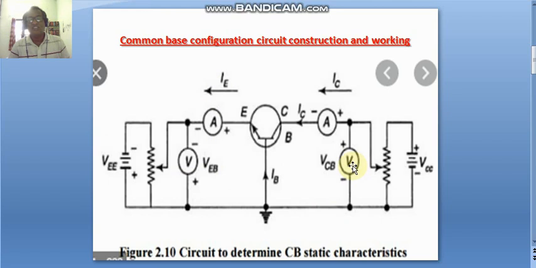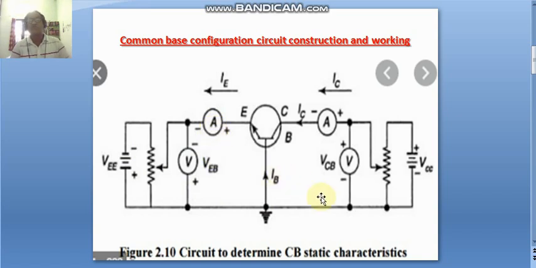In order to keep VCB constant, we are using this rheostat, and we are varying the potential between base and emitter by using the first rheostat. The current can be measured and noted down. So these values give the input.